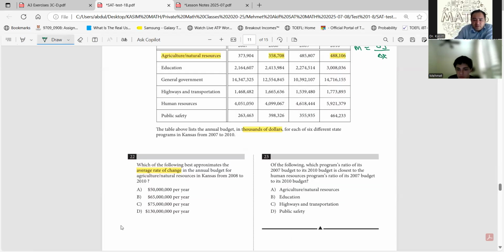It is 488,106 minus 358,708. And this change happened over how many years? 2 years, from 2008 to 2010. Now calculate and tell me what you get.